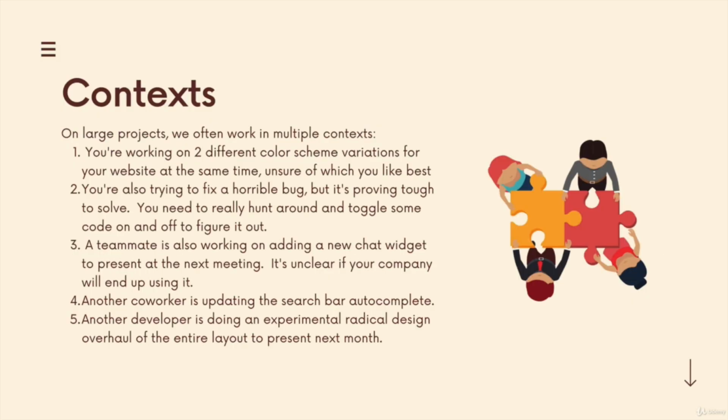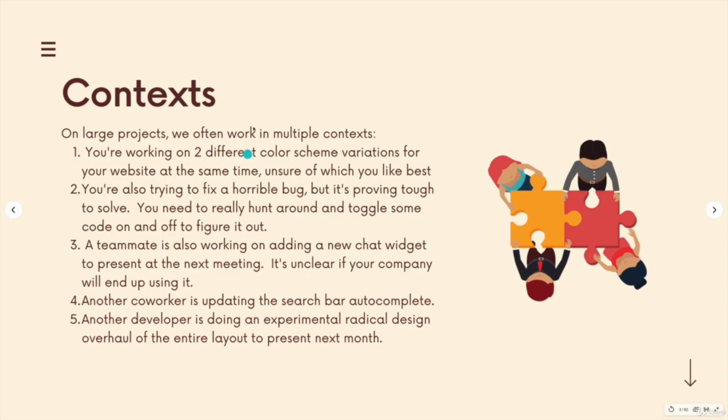How could we be working on separate things, some of which break other people's code, right? If I'm trying to fix a horrible bug and deleting a bunch of code, removing files, I'm just making a mess, that's going to be a big problem if somebody else is trying to add a new feature. Likewise, if someone is doing a radical experimental design change on every single view of our application, everything changes.